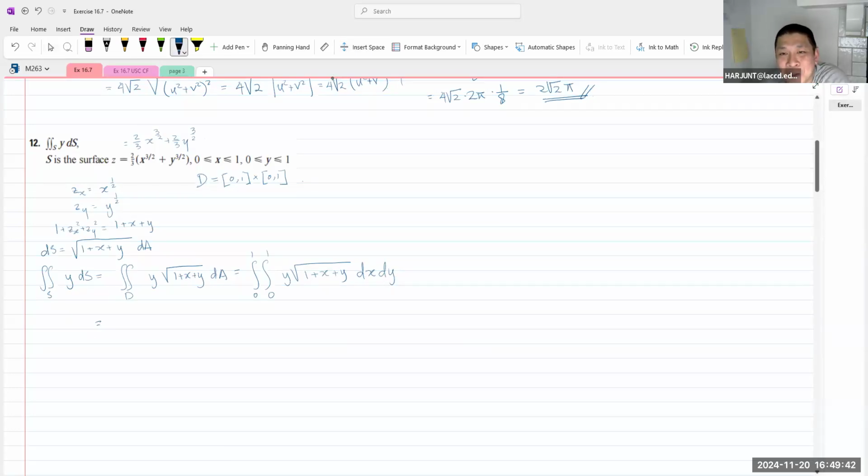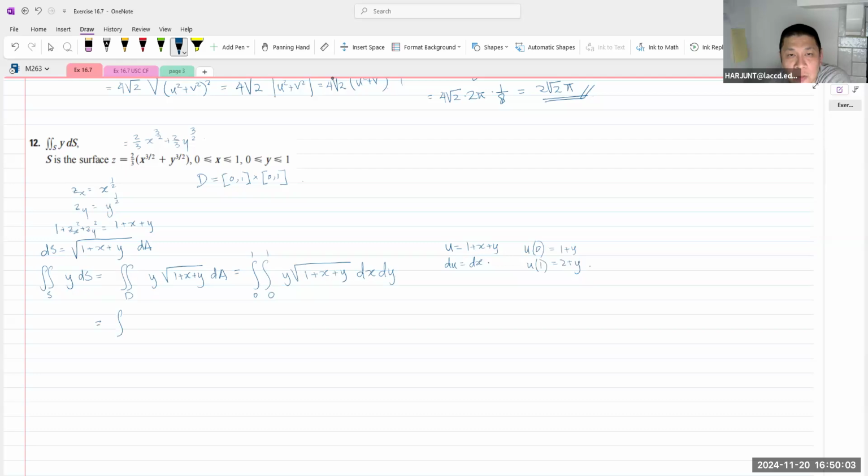If u equals 1 plus x plus y, then du will be dx. That one is easy, but how about the boundary? u at 0 will be 1 plus y, and u at 1 will be 2 plus y.